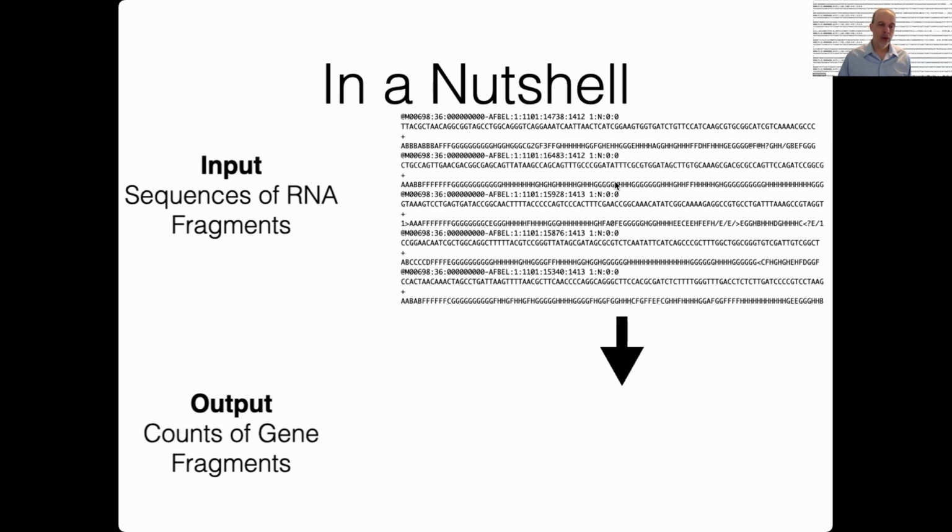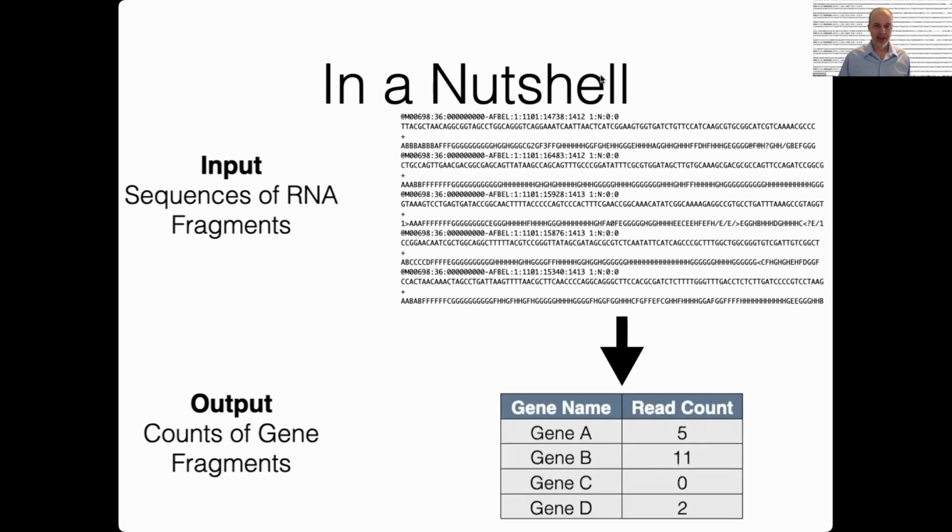Our goal for today is to take that data and essentially summarize it into a table that, for each sample, asks for each gene in the genome how many times we saw an RNA sequence fragment from that gene.